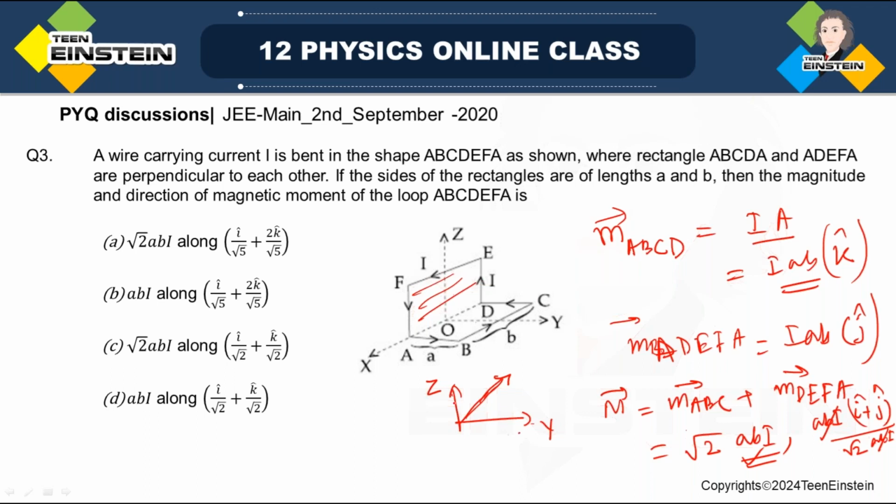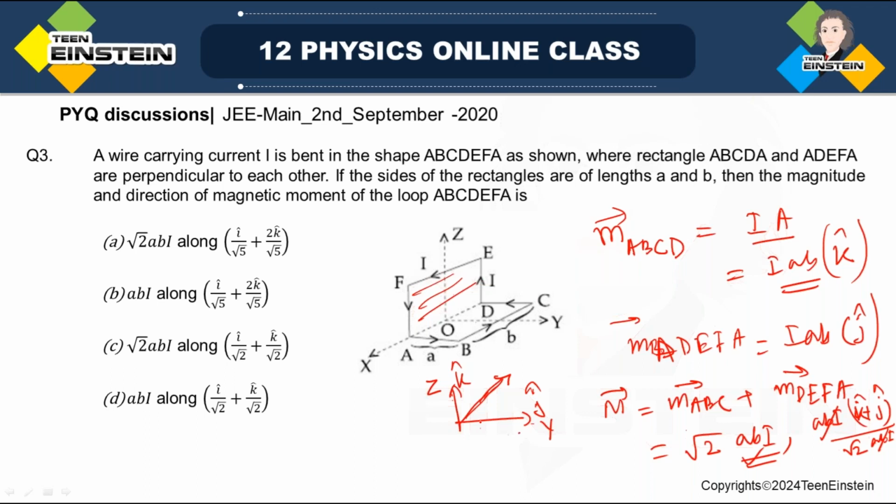Since the two are perpendicular to each other, you could have told that from there also. I'm sorry, this is j plus k, not i plus j. The direction will be this way, along k cap and j cap.